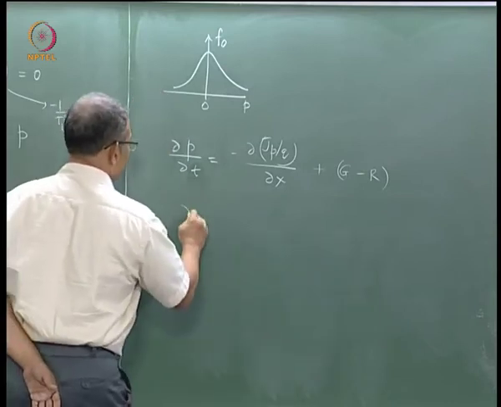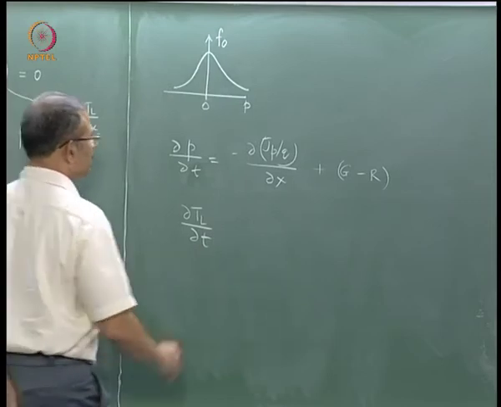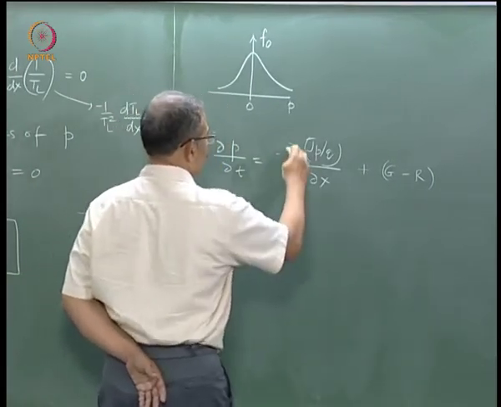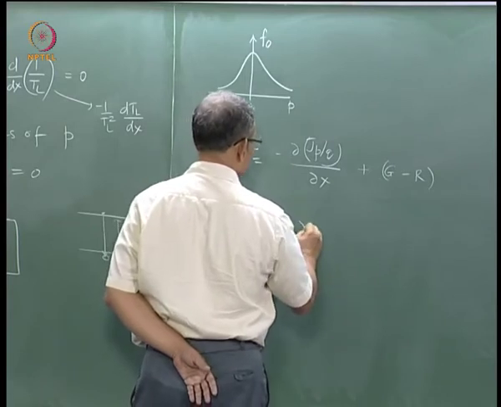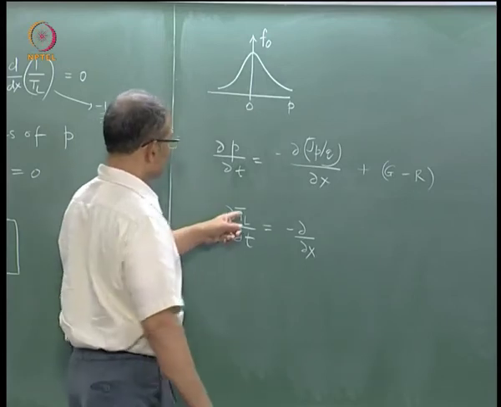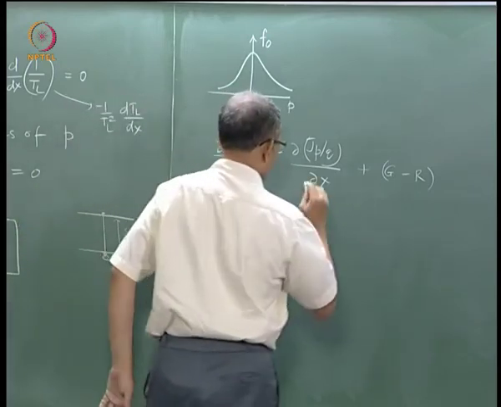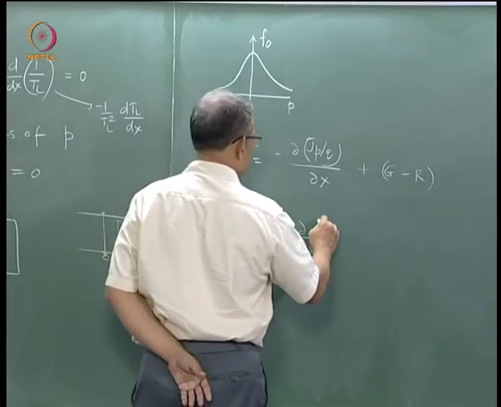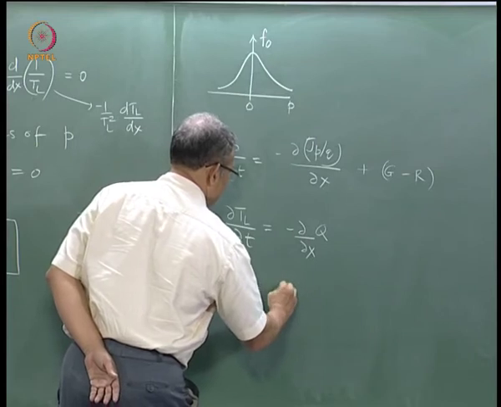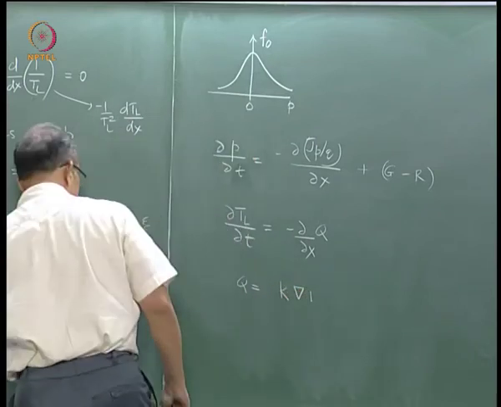Now the equation for heat flux. So here the time derivative of TL, because the quantity analogous to p is TL, and the right hand side is the spatial derivative of the flux because of temperature, that is the heat flux Q, and this Q we write as proportional to the temperature gradient.